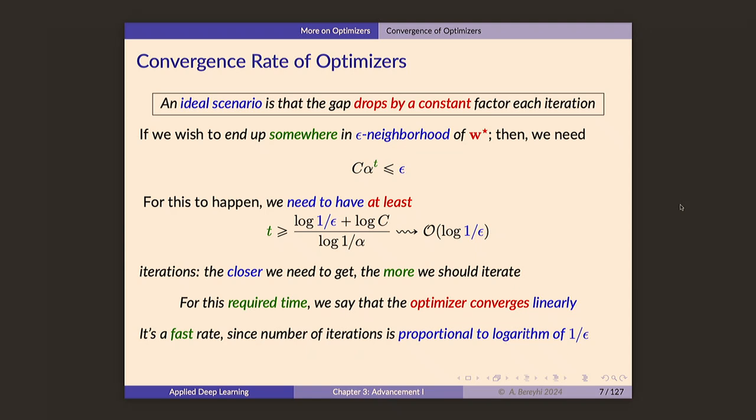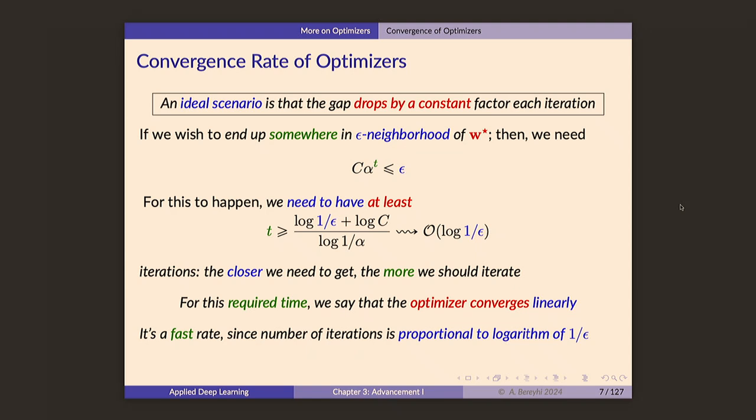Clear? But when you say that your optimizer is linearly converging to the optimal point, then it means that if you want to get an epsilon neighborhood of the optimal point, then you need of the order of logarithm 1 over epsilon time in order to get there. And as I'm going to show you, this is quite fast. Everybody's clear what is linear convergence?